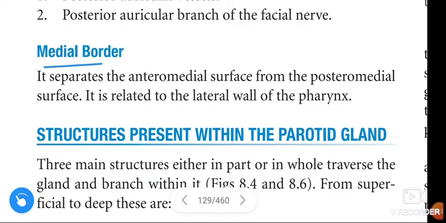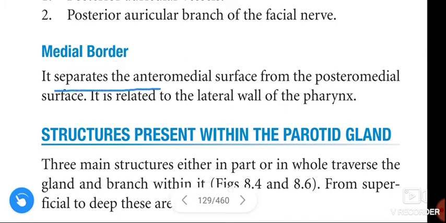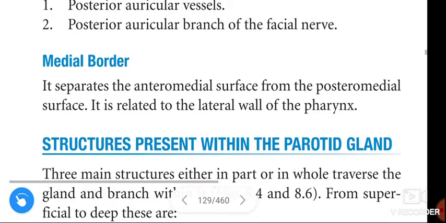Next, the medial border. It separates the anterior medial surface from the posterior medial surface. It is related to the lateral wall of the pharynx.